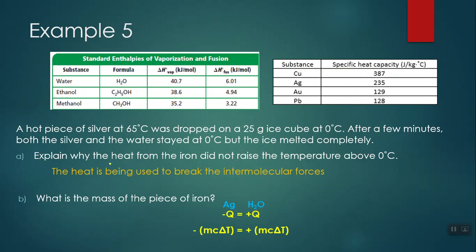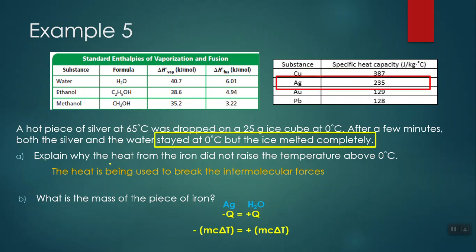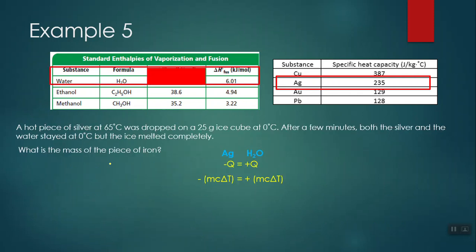So are we going to set it up like MCAT? No, we're not. This is going to be similar to examples 2 and 3. Instead, we will be using the molar heat of fusion, okay, because there is no temperature change. So let's see what this looks like.